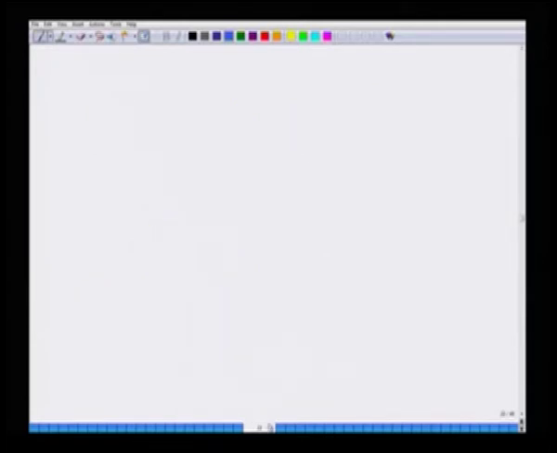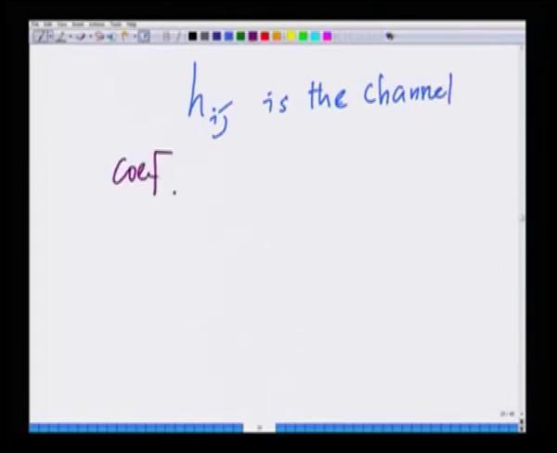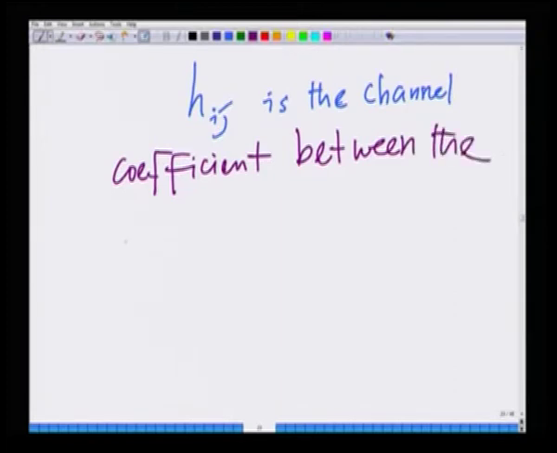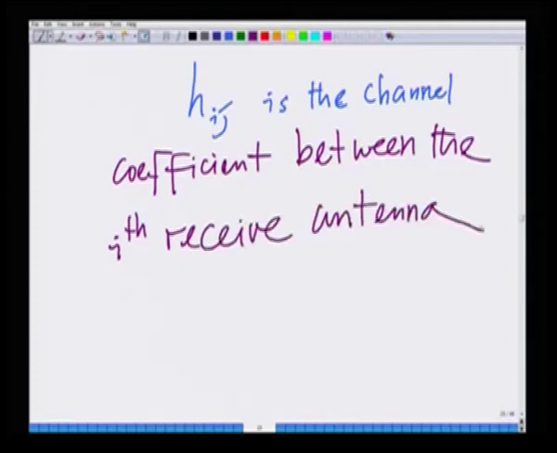Hence, we can say that Hij is the channel coefficient between the ith receive antenna and jth transmit antenna.